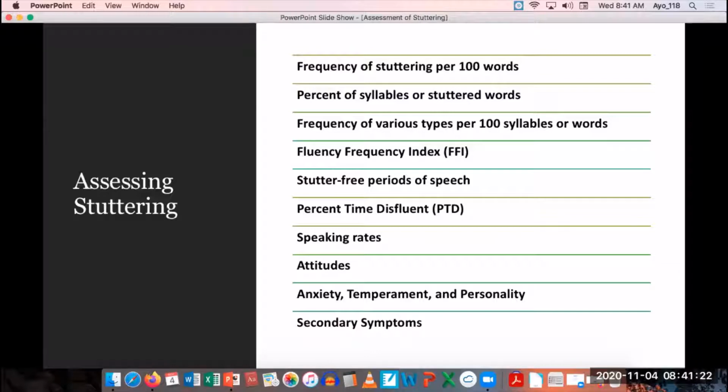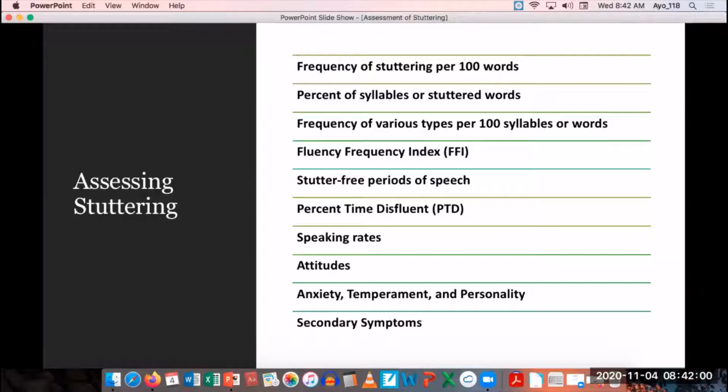The thing with counting the frequency of stuttering is that it does allow you to also count the frequency of syllables. So certain words could be counted more than once. If you're counting syllables and the person is disfluent, like the young boy who said "affected," he was disfluent on the first syllable, and he was disfluent on the second syllable.